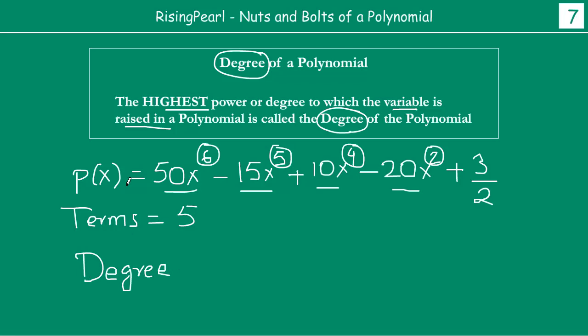So ये जो polynomial px है, so the degree of polynomial px, right, is as per the definition the highest power or the degree to which the variable is raised.